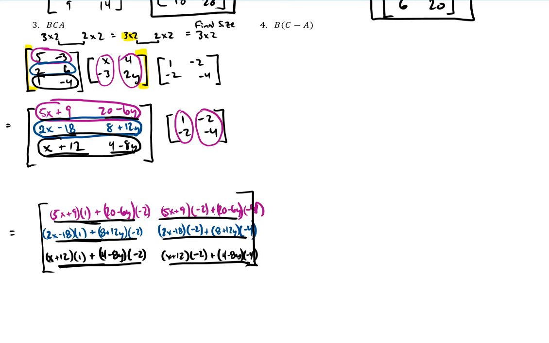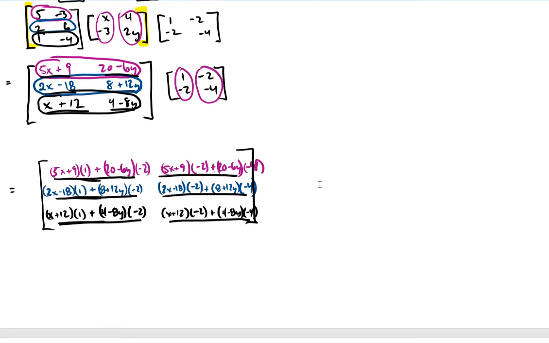And then notice 5x plus 9, 5x plus 9, those are each first. 2x minus 18, 2x minus 18, x plus 12, x plus 12. So it looks like the order, everything's there. So you can kind of see the exact organization when we don't multiply immediately. So here I'm using the parentheses. All right, but now that it is set up, now we have to simplify.